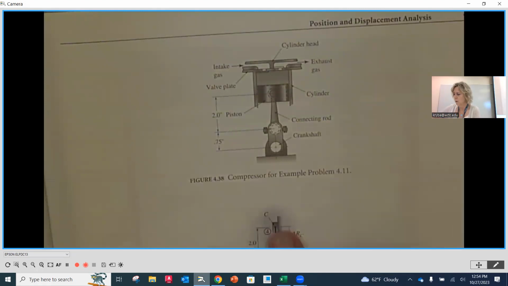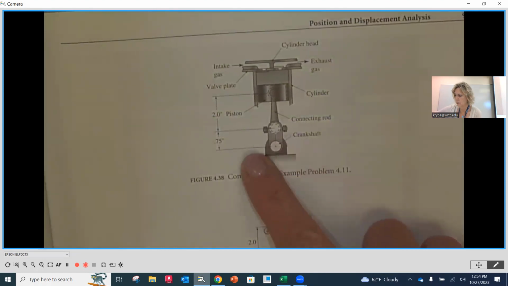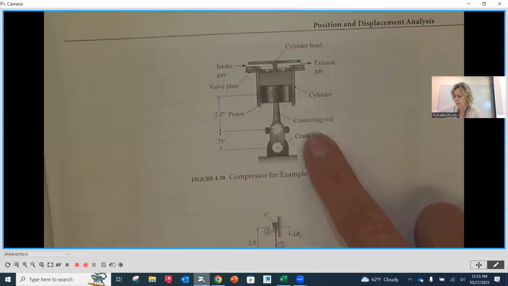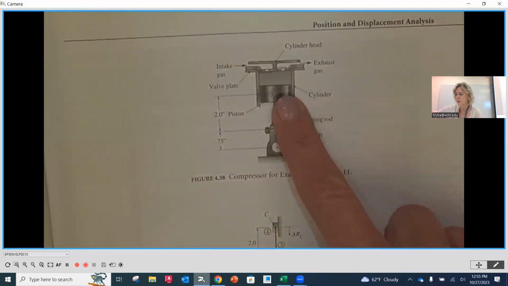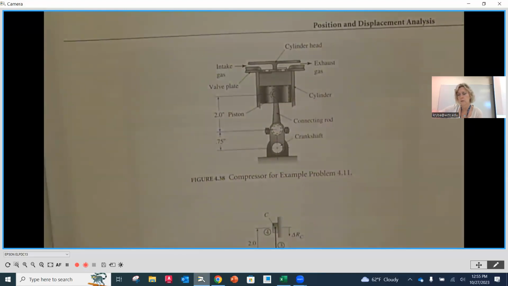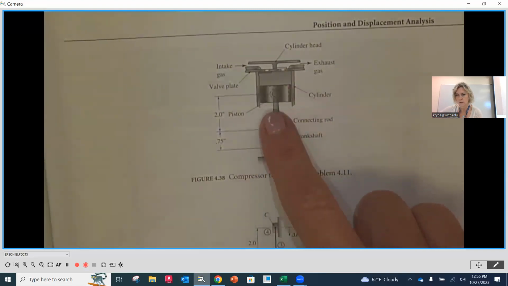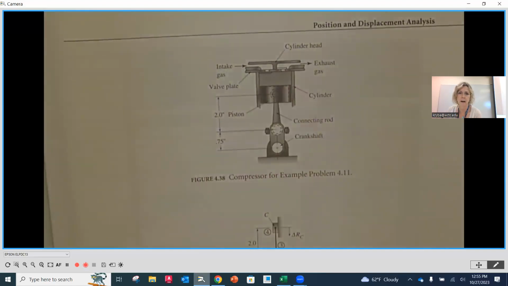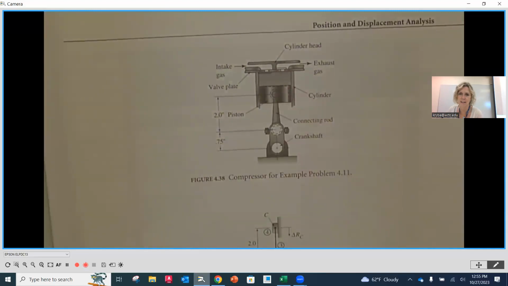Okay, so here is the crank, and this is going to go around on that center right there. And what's going to happen is this is connected to the connecting rod and then up to the cylinder. And that cylinder is constrained vertically to go straight up and down. So as this goes around, the piston is going to go up and down inside of that cylinder.